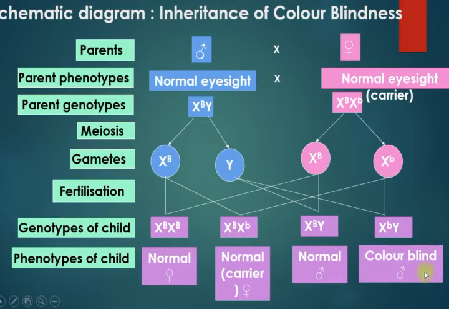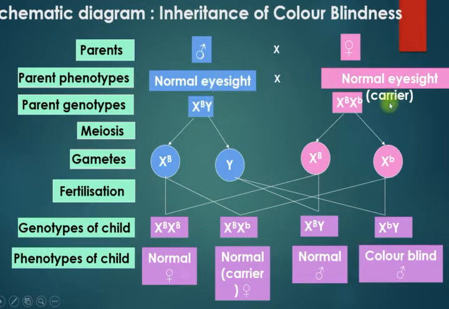The example schematic diagram is between parents with normal eyesight: the father has normal eyesight, and the mother has normal eyesight but is a carrier. The father's genotype is X big B Y, normal eyesight.